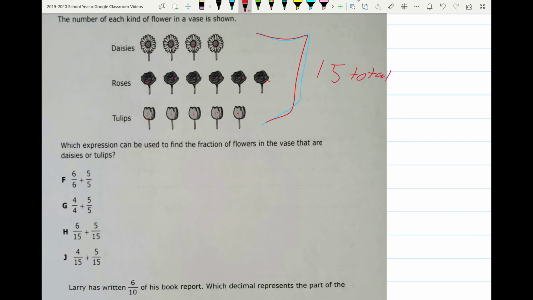How many daisies are there? 1, 2, 3, 4. How many tulips? 1, 2, 3, 4, 5. Well, the fraction of daisies is 4 out of my total, which is 15, and my tulips are 5 out of my 15. Which one looks like this?